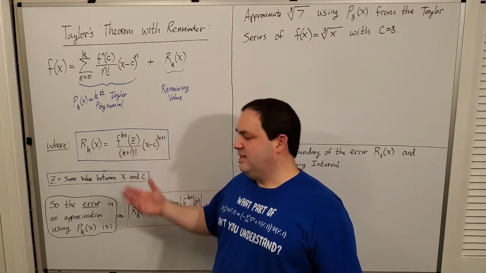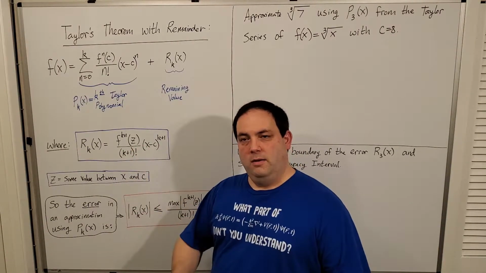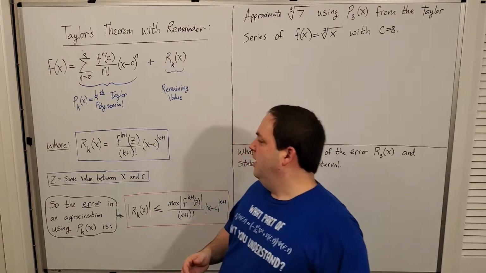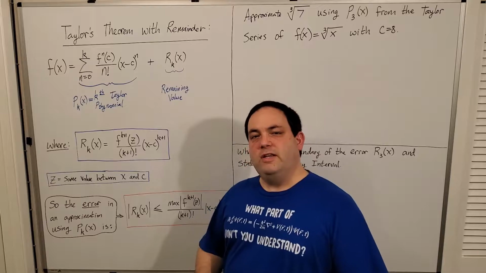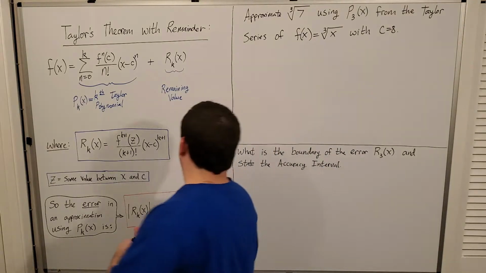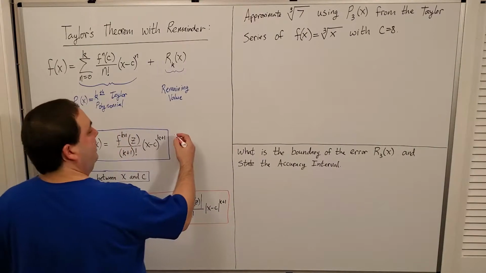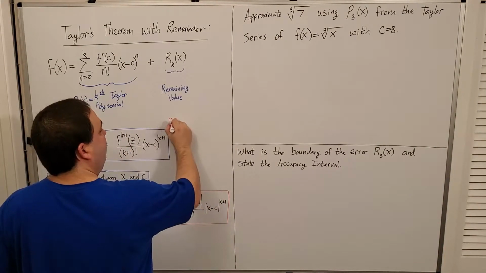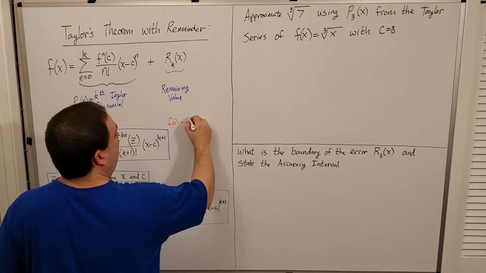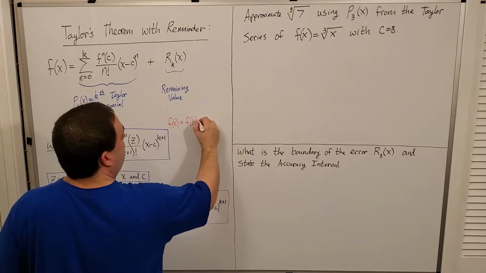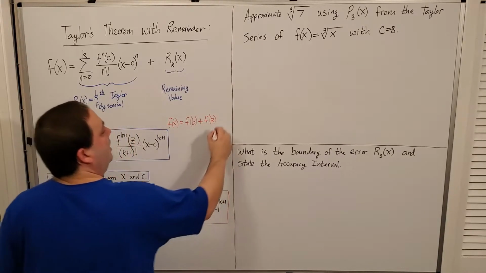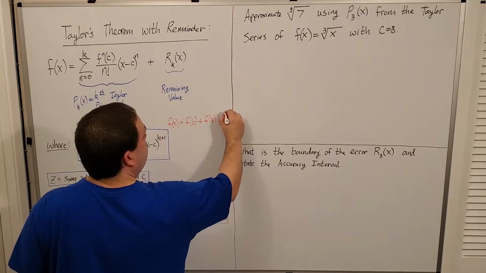Now this seems foreign. I can see where that would feel a little bit off-putting, but you actually have seen a very simplistic version of this theorem before. The mean value theorem looks like this. f of x is equal to f of b plus f prime of z times x minus b.